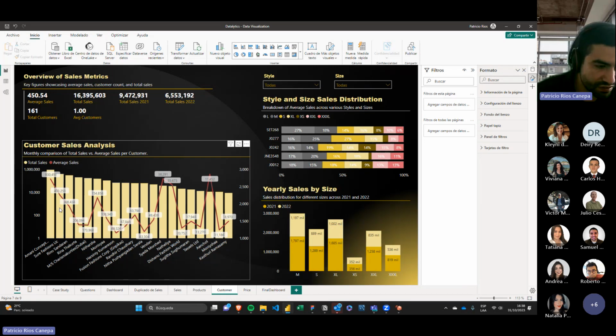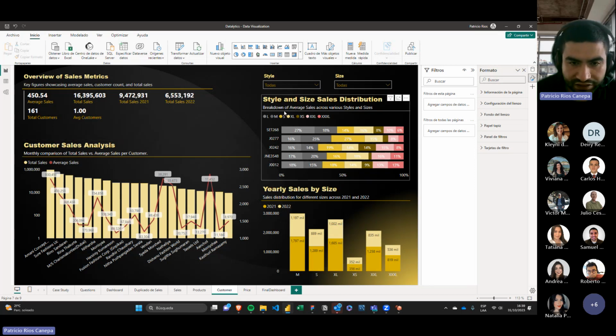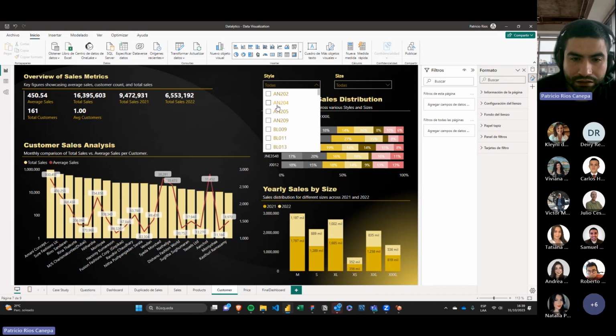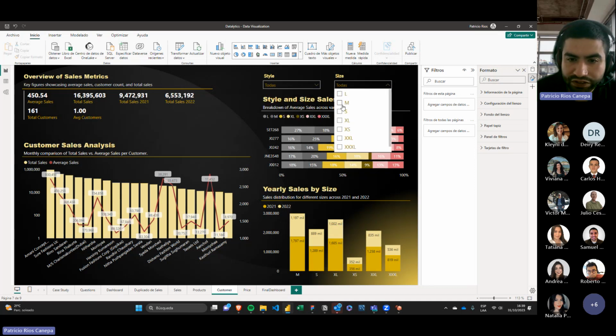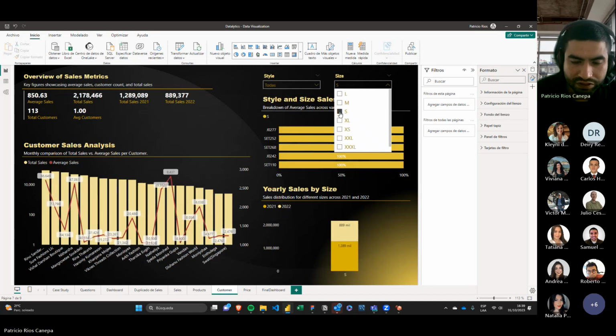So you get to see the best performing customers for Alex Johnson, to see why we are having less sales with these customers, who is giving the lowest average sales. And also we can maybe filter by size S, which was one of the best performing sizes.